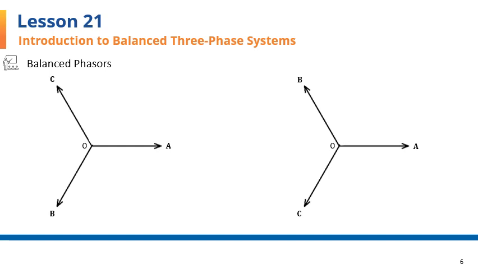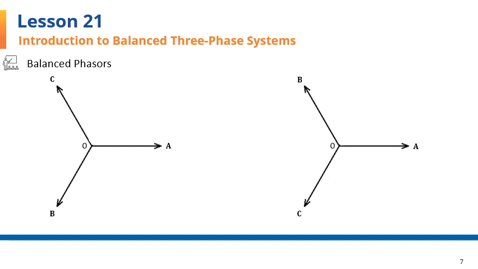While in the figure on the right, phasor B leads phasor A by 120 degrees, and C leads B by the same amount, and A leads C by the same amount. As a reminder, and by convention, counterclockwise rotations are considered positive, and clockwise rotations are considered to be negative in degrees.